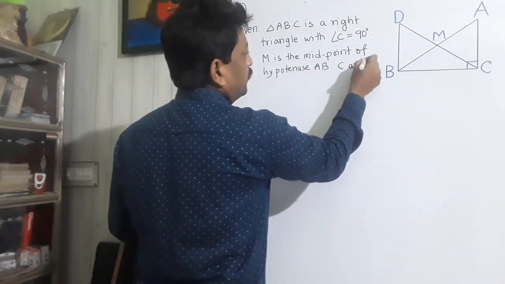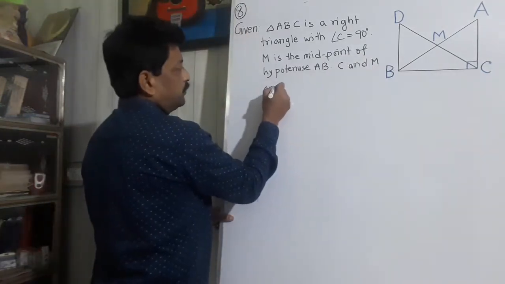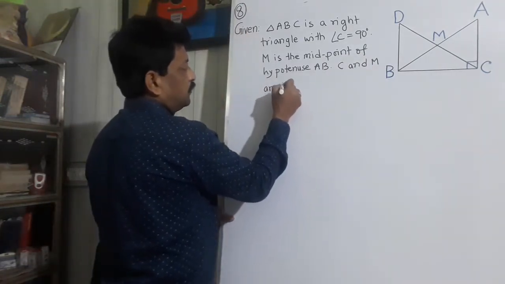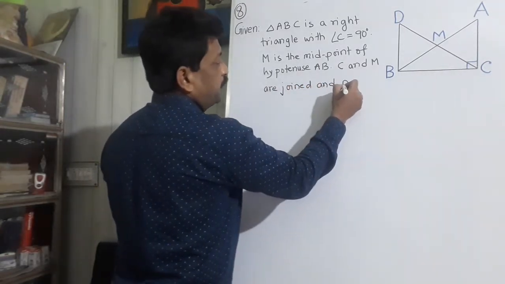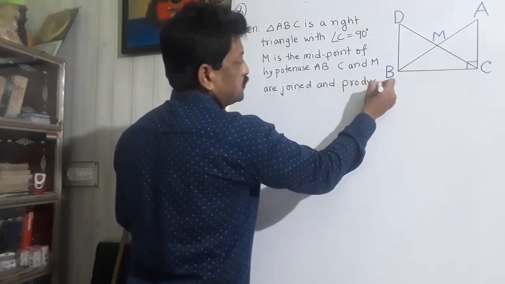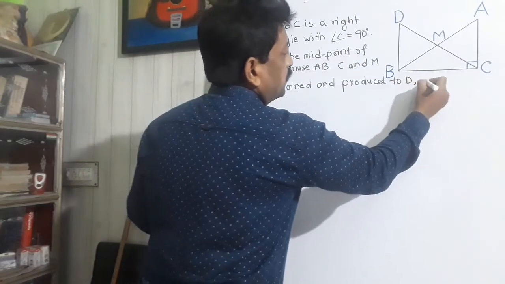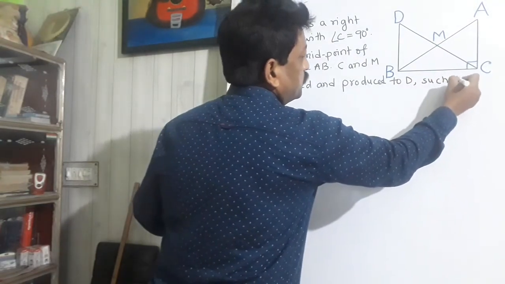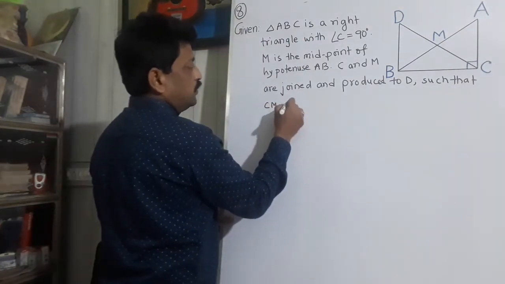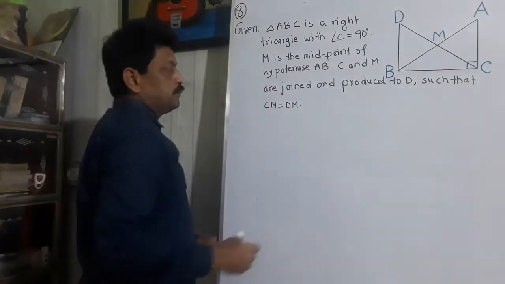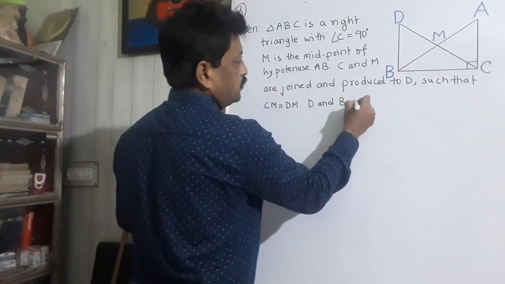C and M are joined and produced to D such that CM is equal to DM. D and B are joined.